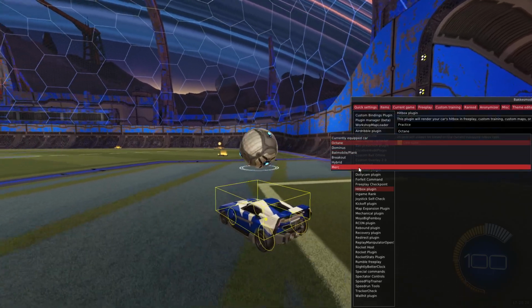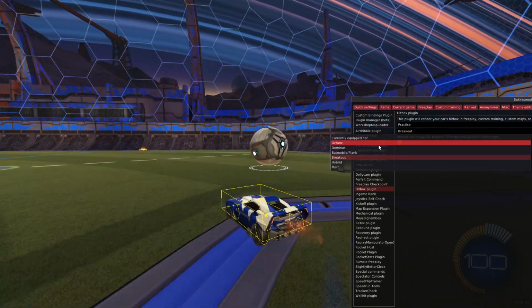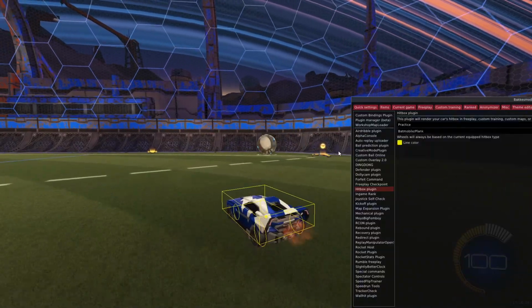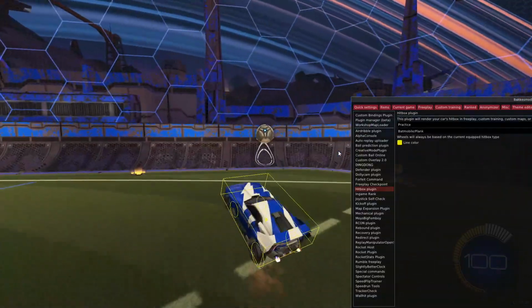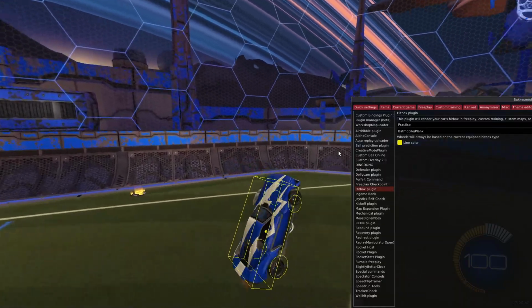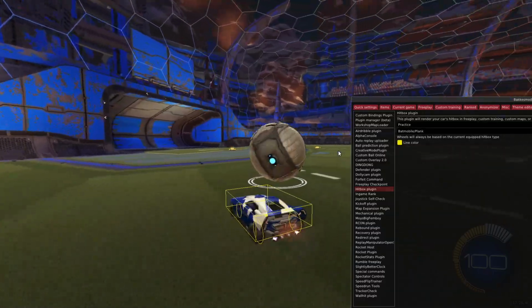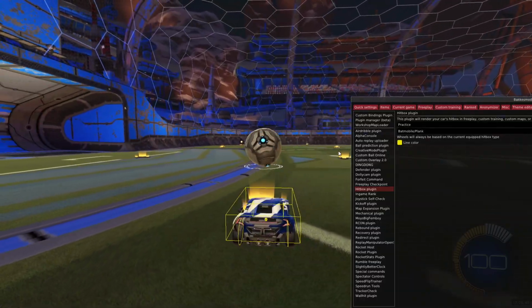This is the same thing that's happening when you're air dribbling. If you're in a short hitbox, Plank, shortest, making adjustments, going from one angle to another, turning with the car, it's going to feel a lot more responsive.